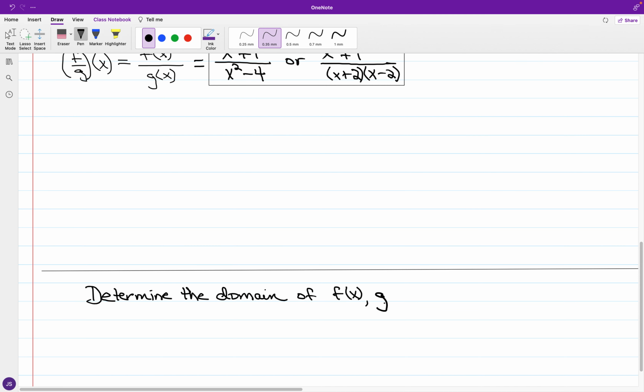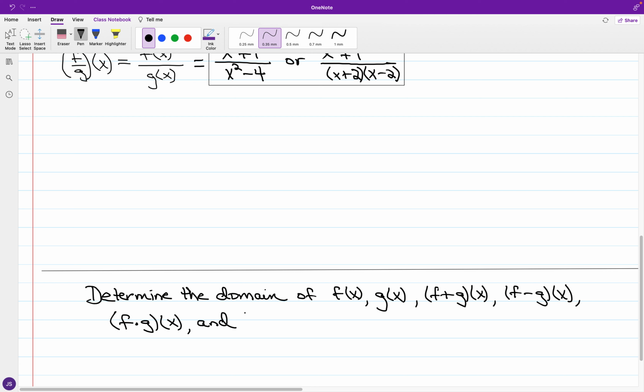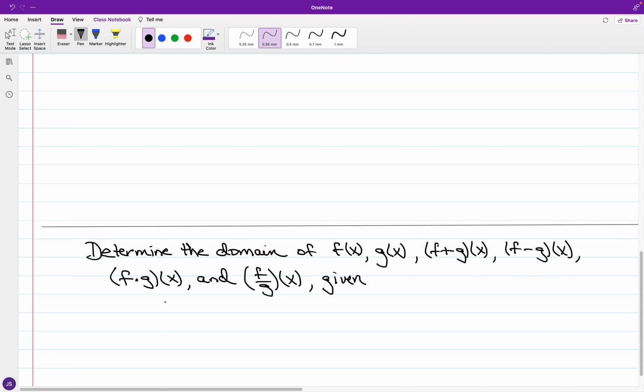So I've determined the domain of f of x, g of x, and we'll say we have given f of x equal to, let's say, 3 over x plus 4.